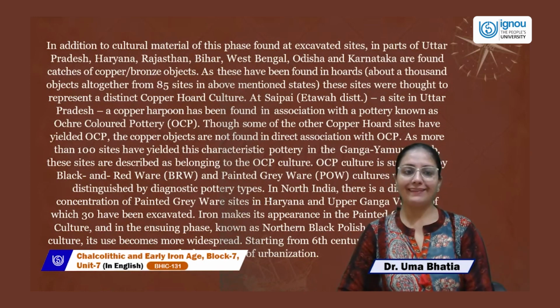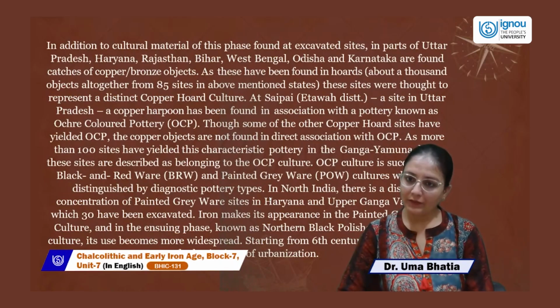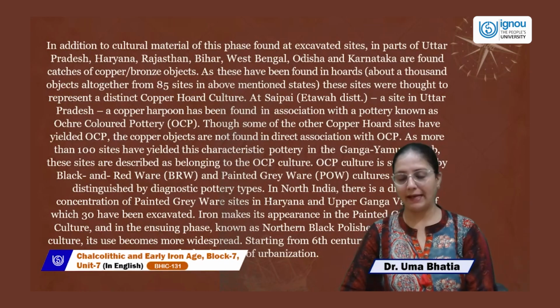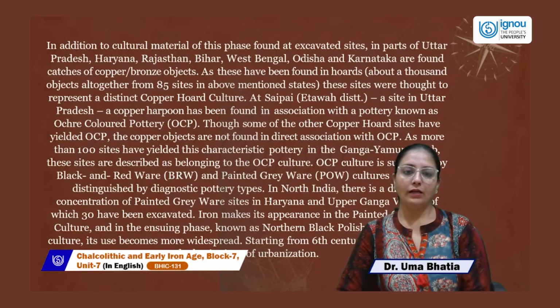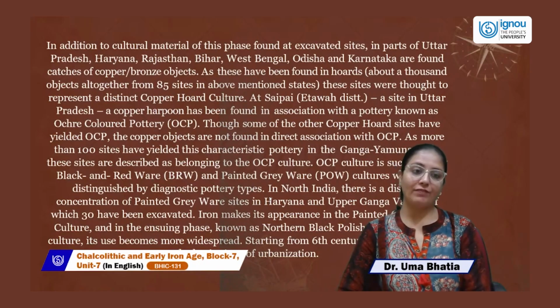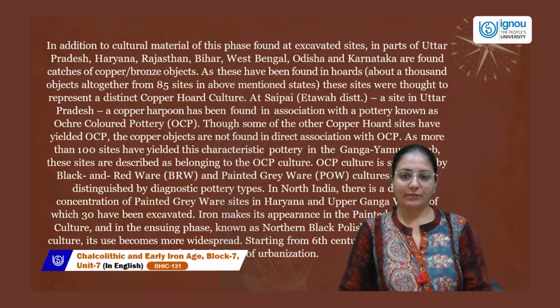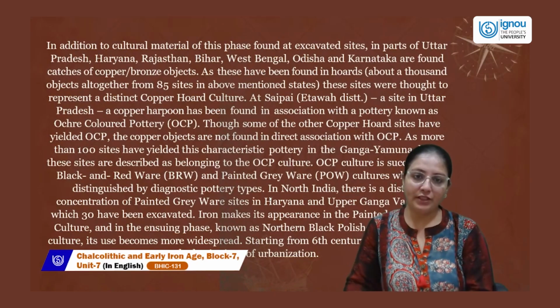The OCP culture is succeeded by the black and red ware and painted grey ware cultures, which are distinguished by diagnostic pottery types. We have studied painted grey ware and black and red ware, meaning the pots, so that we can come to know the differentiation of these cultures.